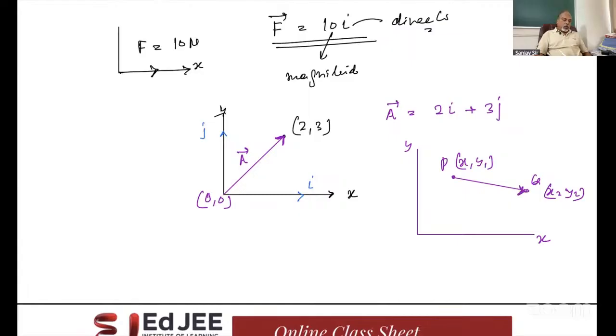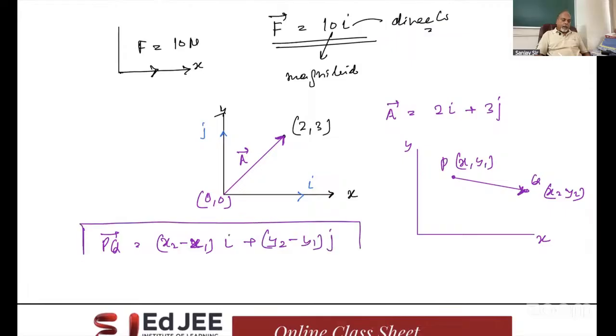So vector PQ you can write like this. PQ is defined as P is the tail and Q is the head. So x2 minus x1 I plus y2 minus y1 J. This is the general formula.